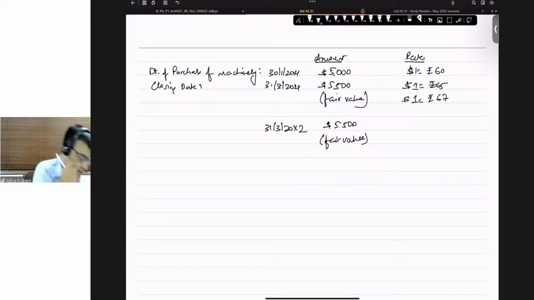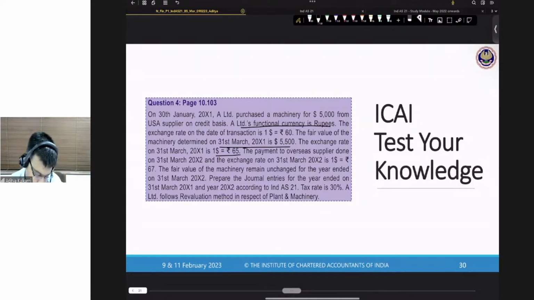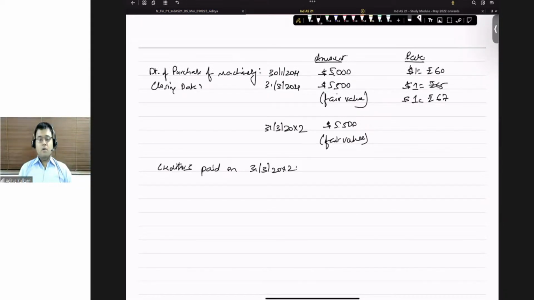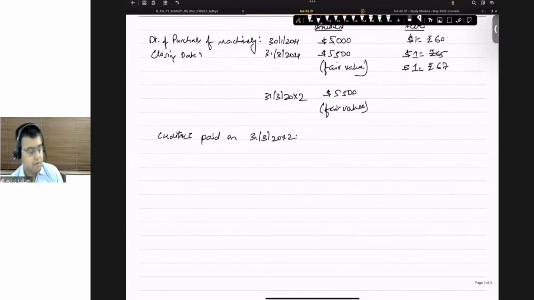So this is the data which is there. Creditors paid on 31st March X2. Okay. So that takes care of the question. Now we proceed to start.